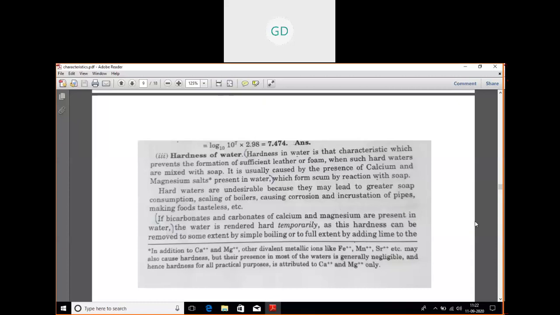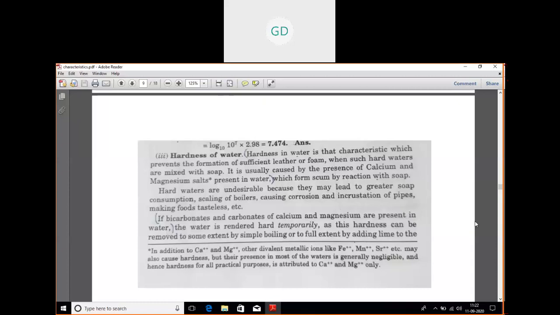So in hard water, when you mix soap and water, sufficient foam or lather formation doesn't happen. The hardness prevents the formation of lather or foam in the water. So we can say that the water is hard.